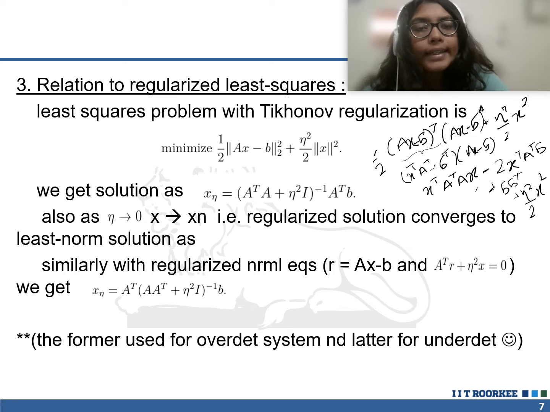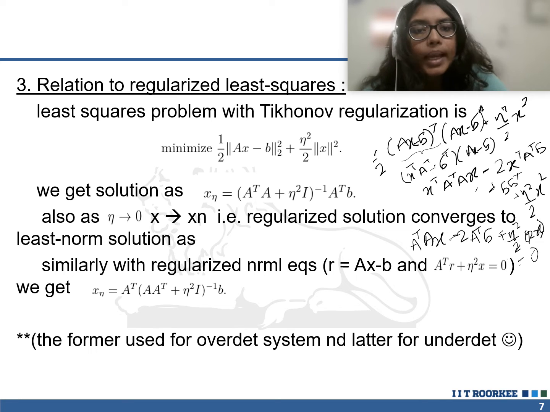So we'll find the gradient of this with respect to x. Then we'll get A transpose Ax, by partial derivative with respect to x, minus 2 A transpose b, and this will be η²/2 into 2x, equal to 0.